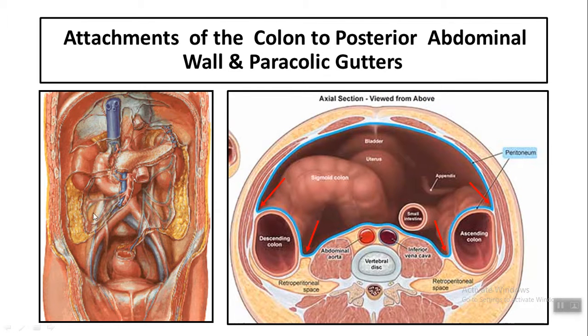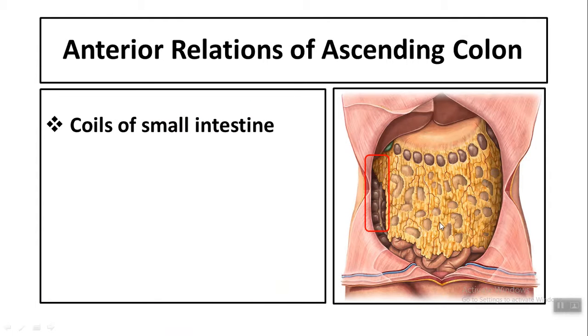It is attached to the posterior abdominal wall, tethered by peritoneum, and medially and laterally this reflection will form what we call the paracolic gutters. We have medial and lateral paracolic gutters.